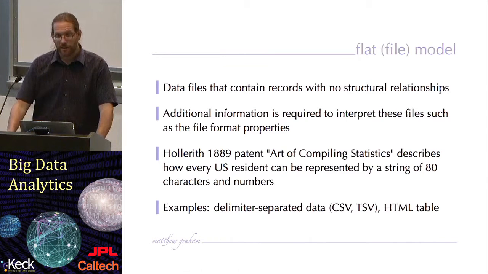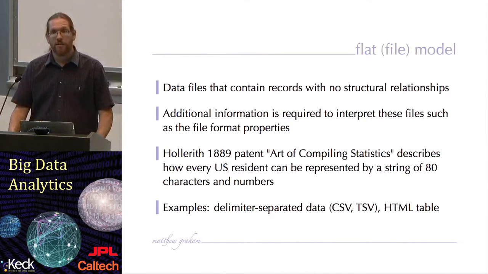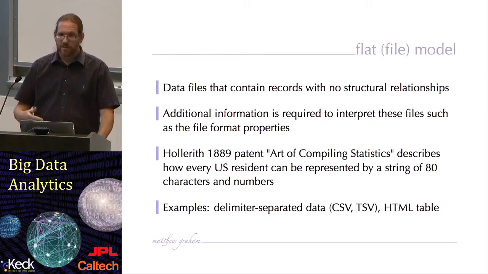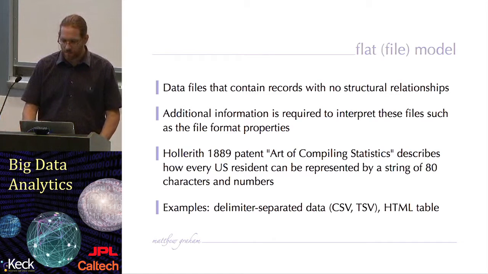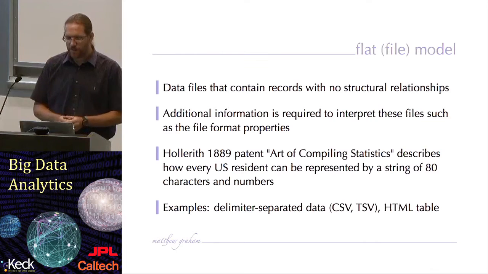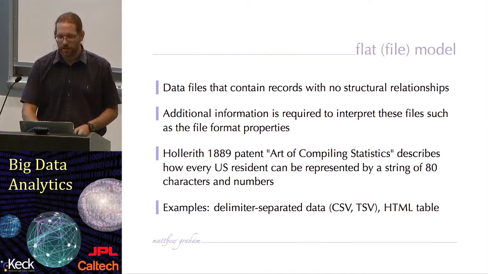The legacy of this Hollerith patent is the screen width of 80 characters that was on many early computer screens and many early computer formats. So it's nice to see that this very first data model already had an impact in the history of computing. Let's say an example of a flat file model is delimiter separated data on my hard drive.